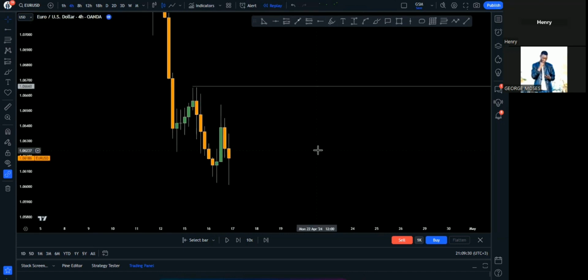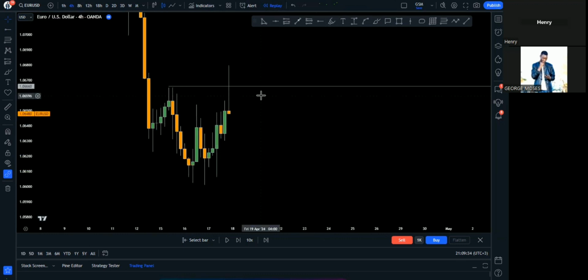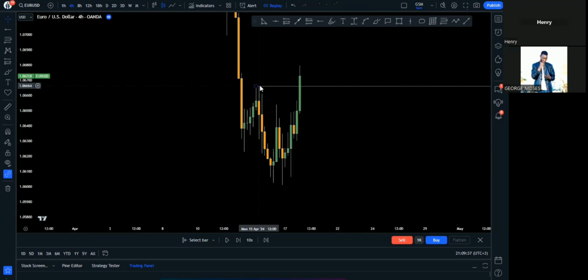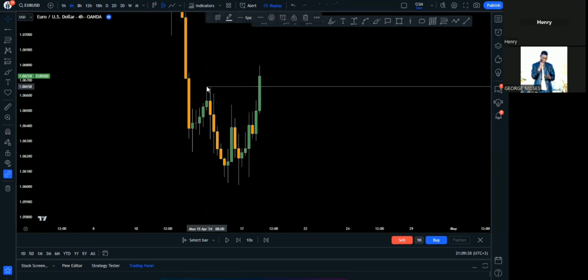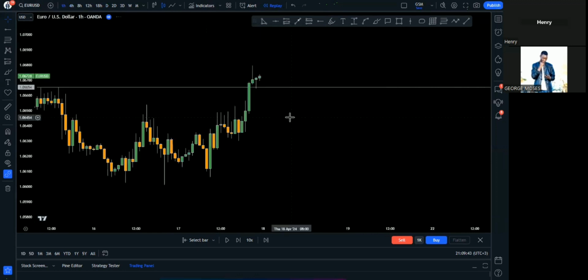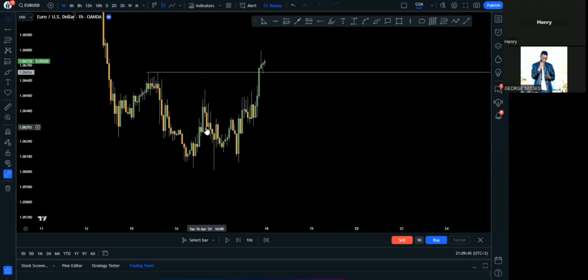So see what happened. The market goes down and then suddenly confirms the shift. The 1 hour shift was seen to be here, but in reality the 1 hour shift has to be around this area here, right? Because the 1 hour shift has to be validated by what?